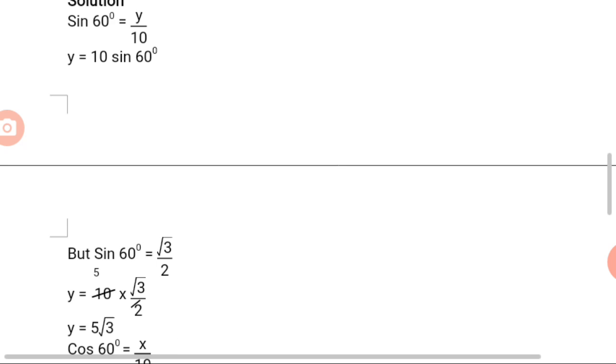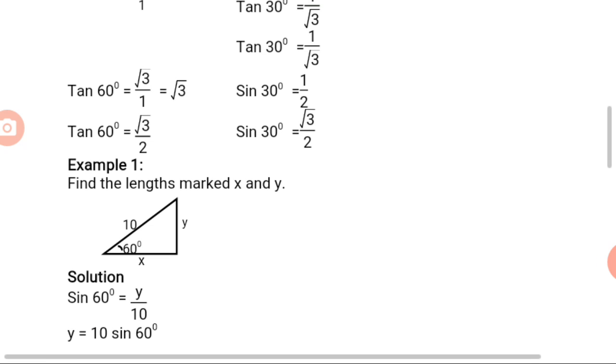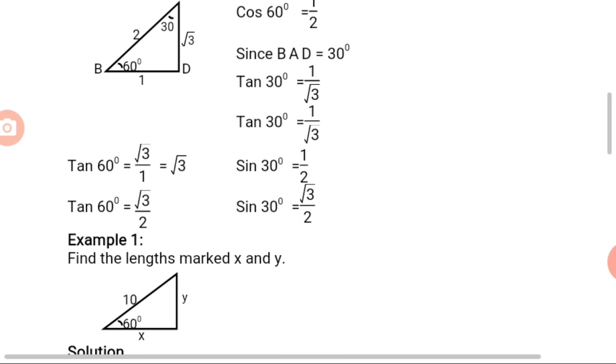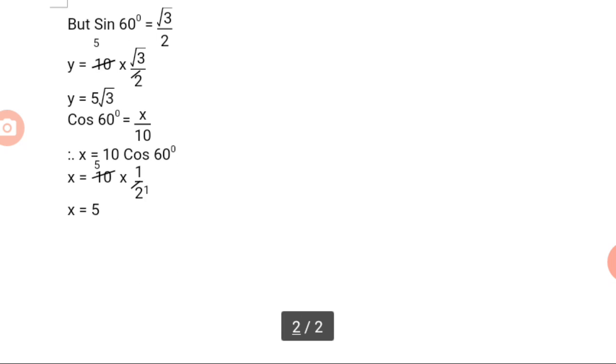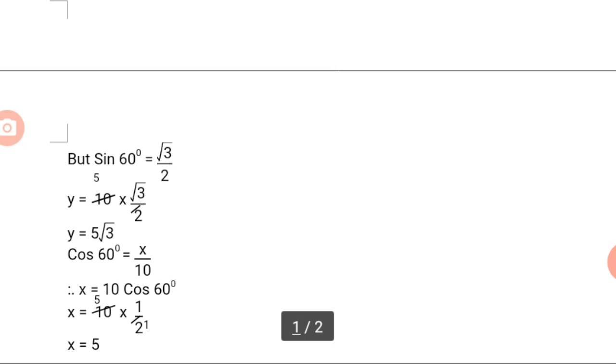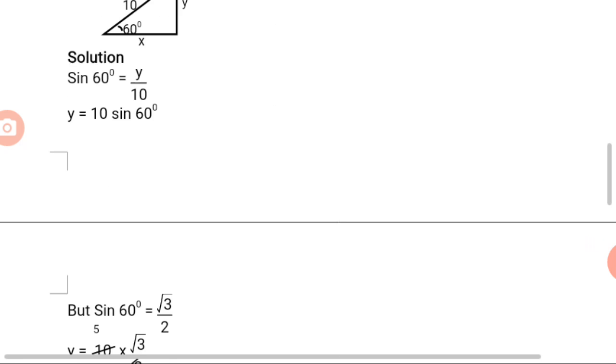But cos 60 degrees is half, that is 1 all over 2. 2 goes into 10, 5. Therefore, the value of x is 5, while the value of y is 5 root 3. Is that clear? So it's very simple.